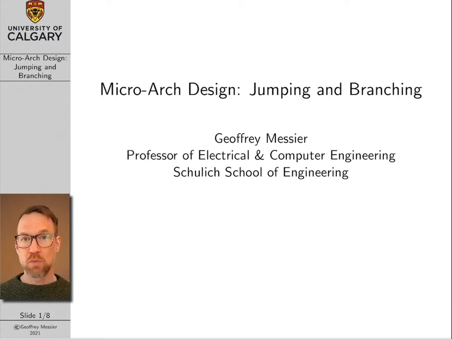So we can read and write those configuration registers using the same load and store commands that we presented in the previous lecture. It seems like we've got quite a good little computer here, but we're missing one very important thing: the ability to make decisions. And that's what jumping and branching is all about.